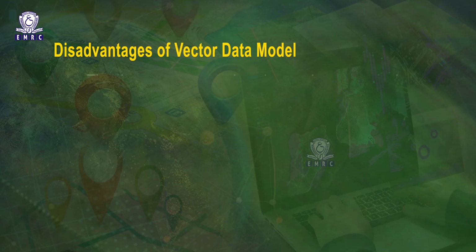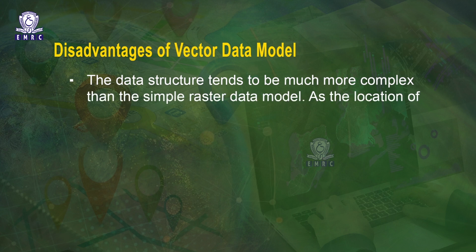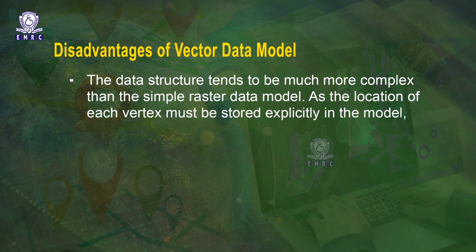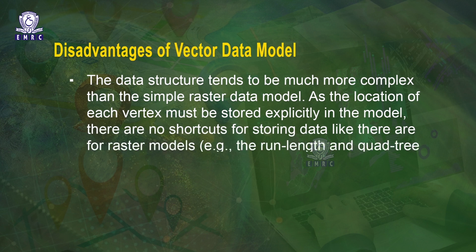First, the data structure tends to be more complex than the simple raster model. As the location of each vertex must be stored explicitly in the model, there are no shortcuts for storing data like there are in the raster model, for example, run length and quadtree encoding methodologies.